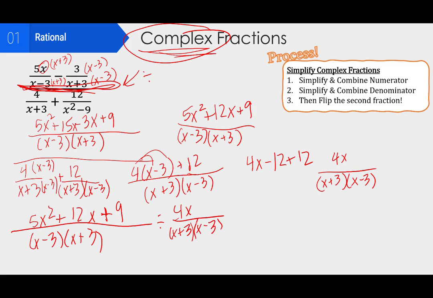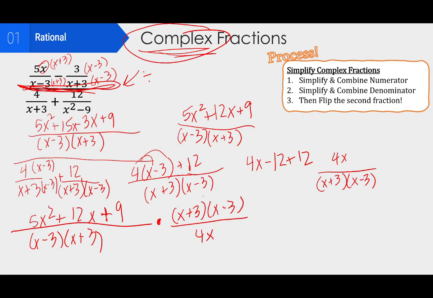What do you do with fractions when you divide them? Keep the first one, change it to multiplication, and flip the second fraction. So that's what we're going to do. We're going to flip the second fraction, all over 4x.